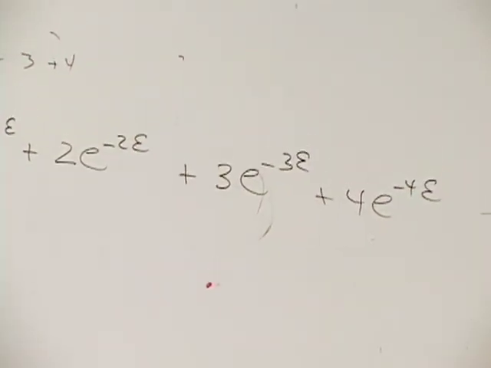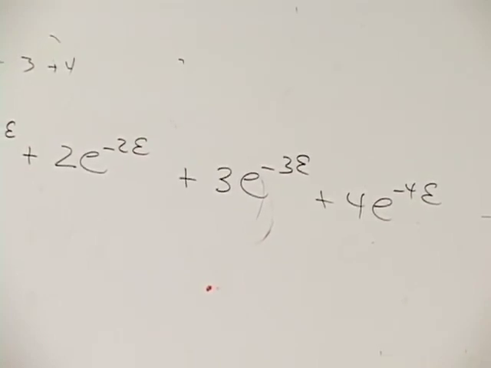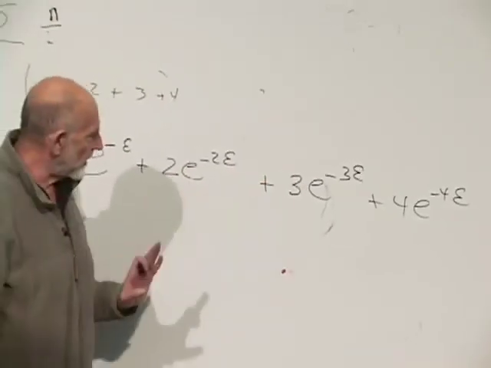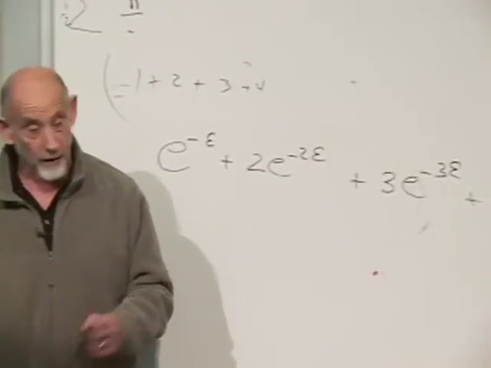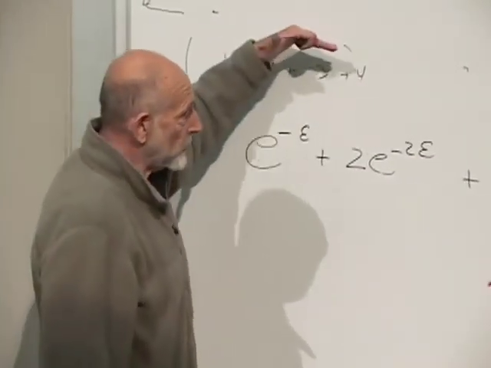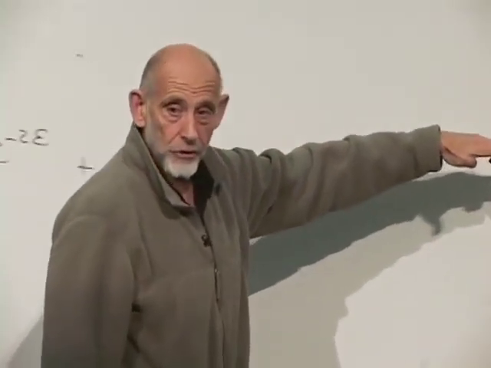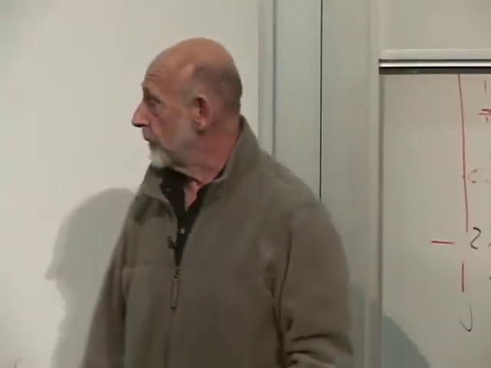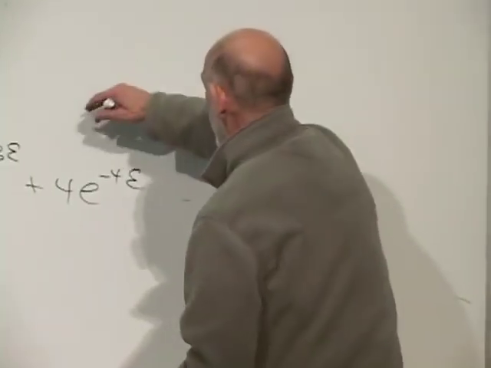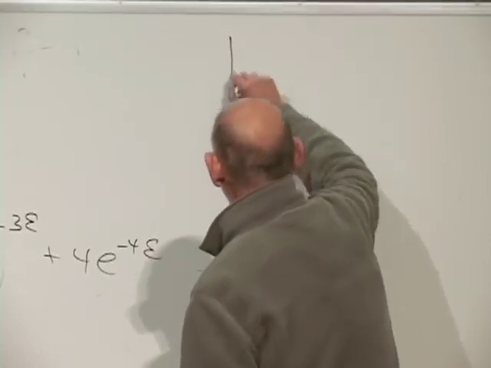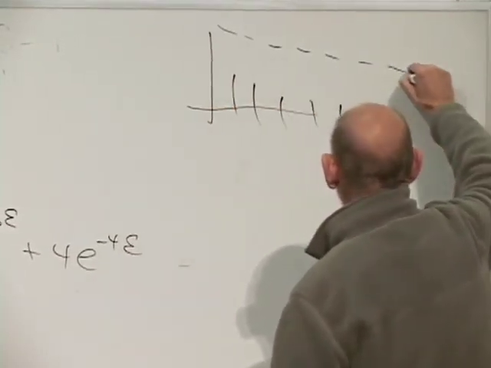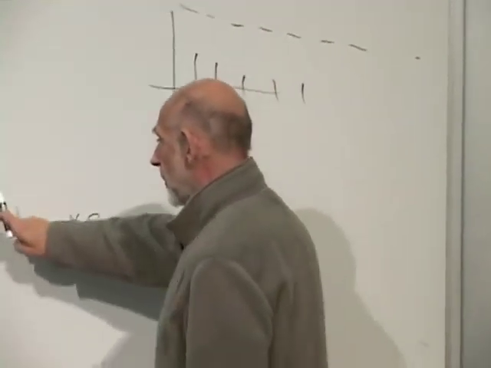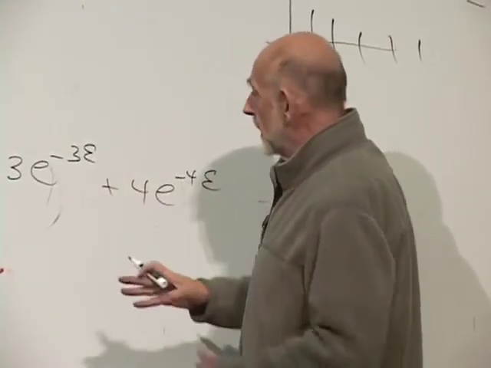But now, if epsilon is not 0, then the sequence of terms e to the minus epsilon, e to the minus 2 epsilon, e to the minus 3 epsilon do get smaller and smaller. Now, if epsilon is small, it takes a long, long time for them to shrink. So if we were just to plot e to the minus epsilon, e to the minus 2 epsilon as a function of the integers, it would fall very slowly if epsilon is a small number. Right?